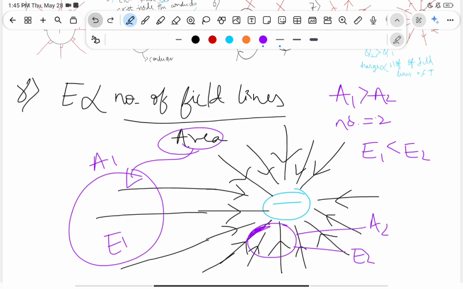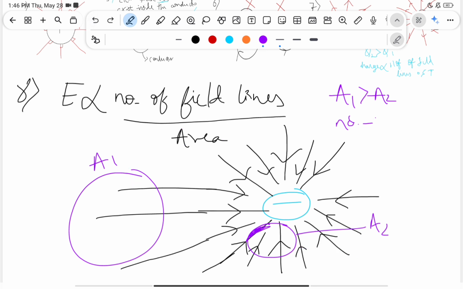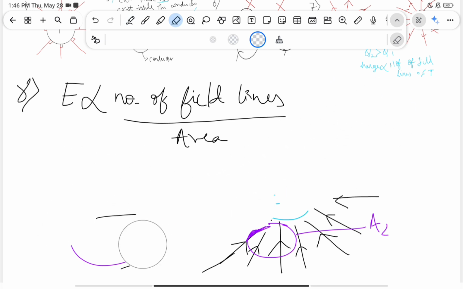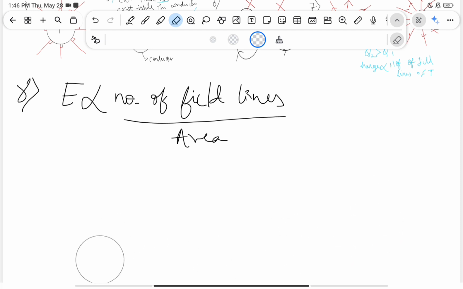So that is what we are getting. These were the 8 properties of electric field lines.